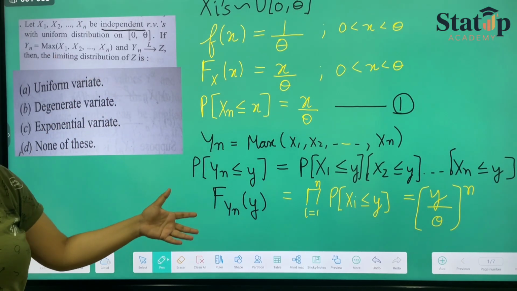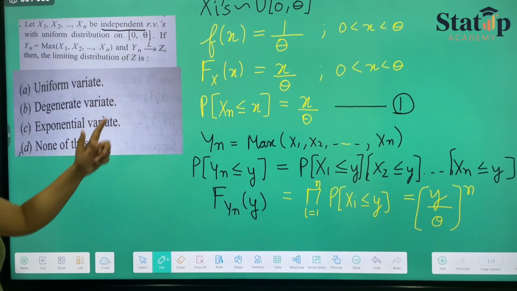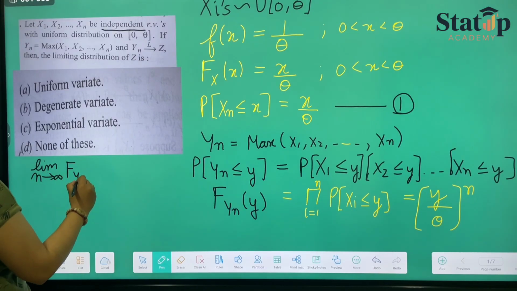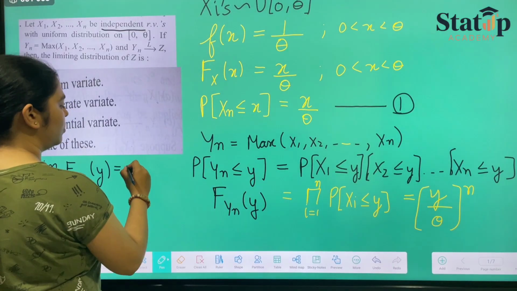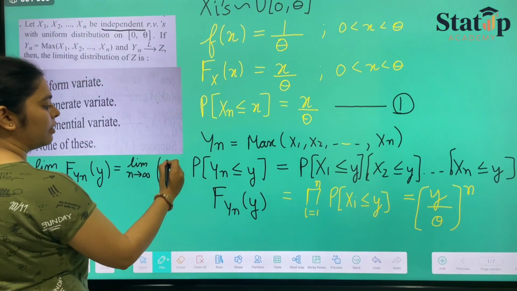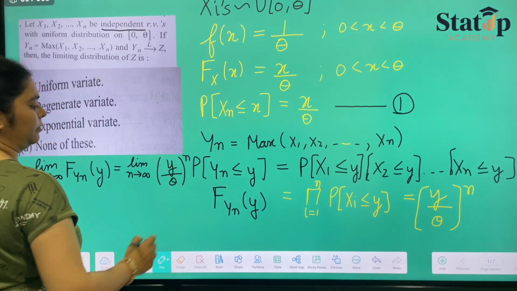Now we have to put the limit here so as to check our convergence in law. So the limit as n reaches infinity of F Yn at y is equal to the limit as n reaches infinity of y upon theta raised to the power n.